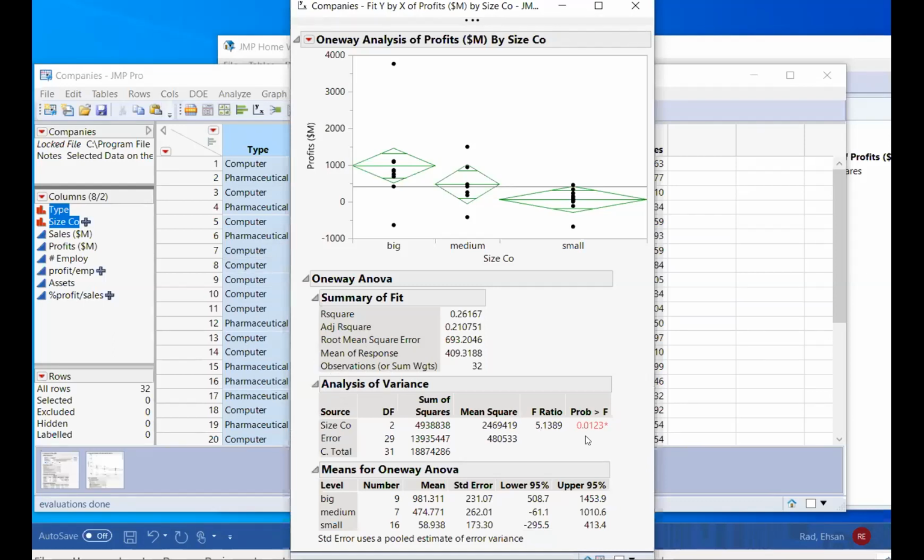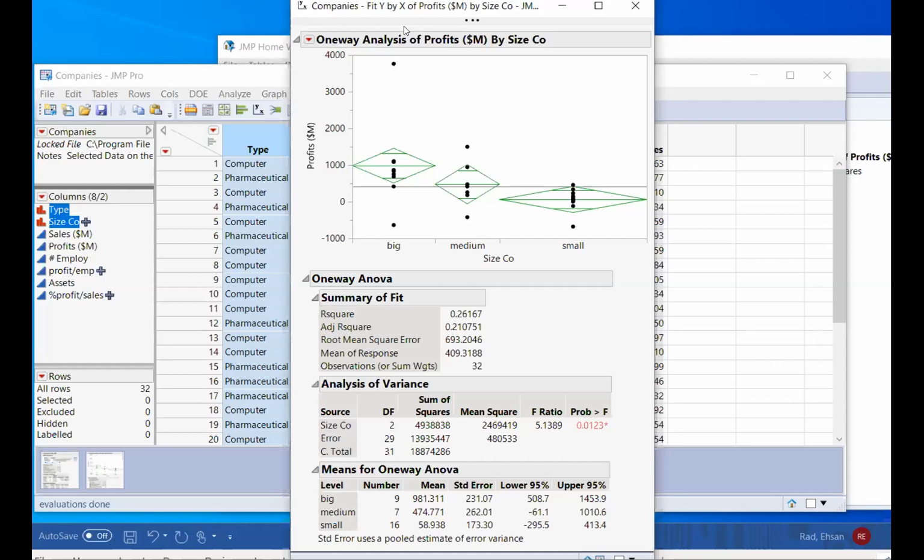If it's below 0.05, reject the null, there's a significant difference among these groups. And because of that significant difference regarding profit, we can say such effect exists. So there's a significant effect from size of a company to profit. The size of a company can help a company get more profit. Okay, that's what we can say here.